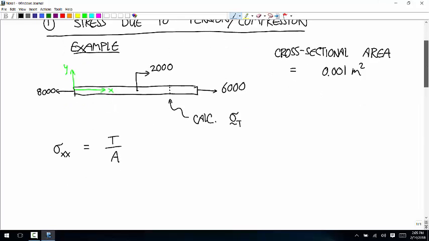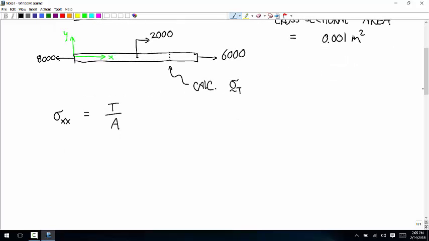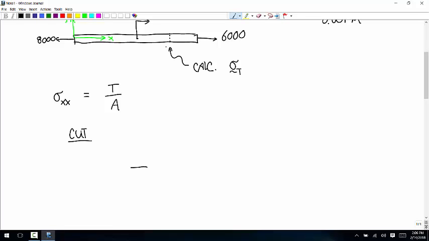And so the first thing we have to do is calculate the tension at this point. You could probably just think your way through it, but let's do the cut at that dotted line and calculate what that internal tension is. So for the cut, I'm skipping all this stuff.